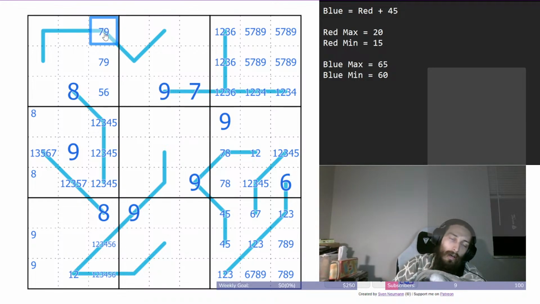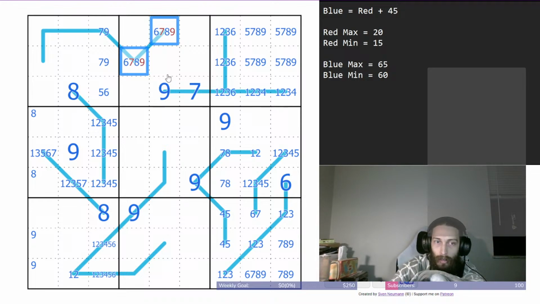If this was a 9, you couldn't do 1, 2, 3 for 15. Because 6, 7, 8, 9, 7 and 9 leaves 6, 8, which is 14.